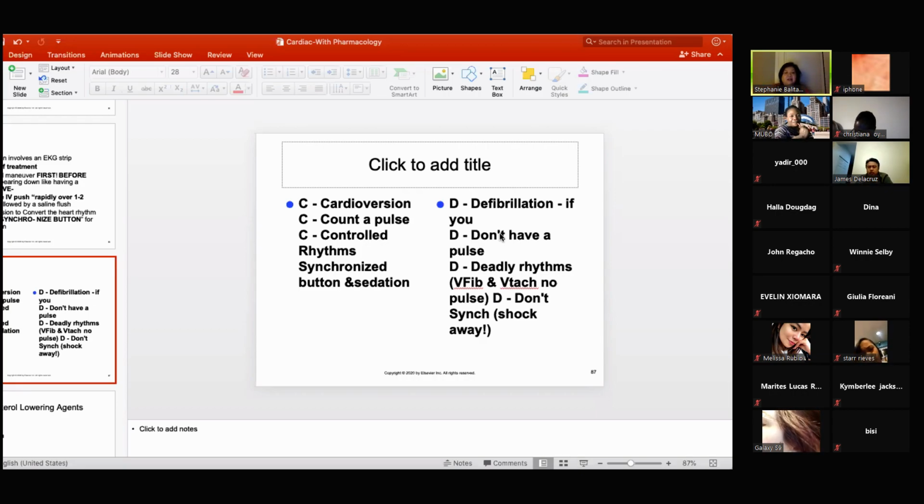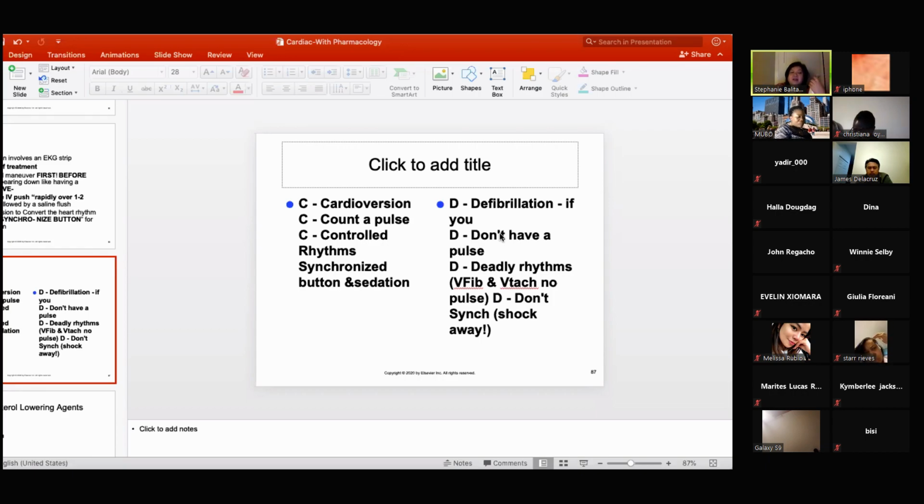Now, when you do cardioversion, it means that you're shocking the heart to lower the heart rate. That's the difference between defibrillation, where the heart stops and you're trying to wake it up, and cardioversion, where you are just shocking the heart so the heart rate will lower.